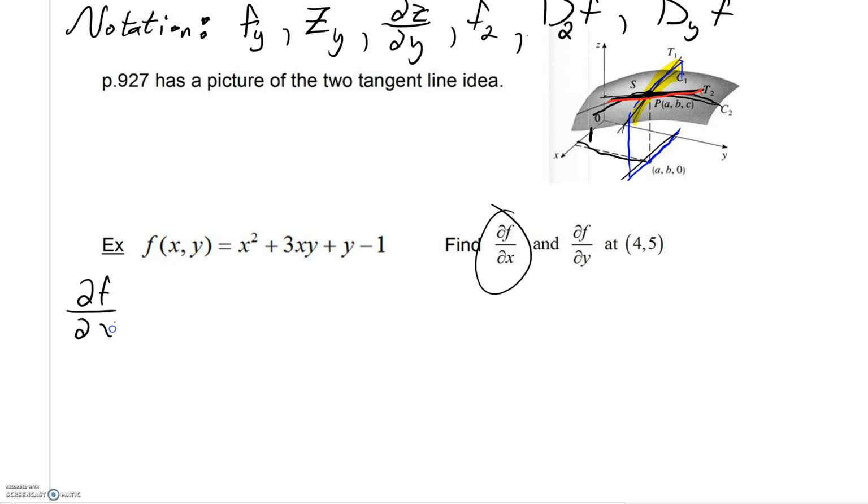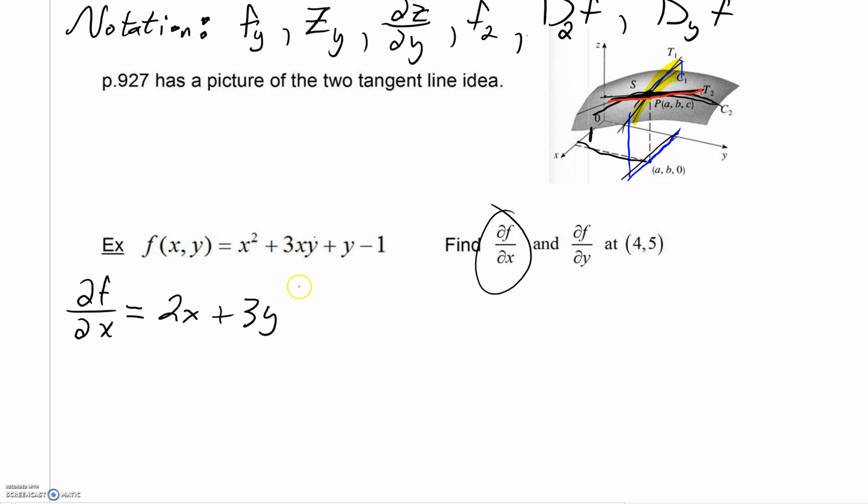Almost like making a backward 6 right here. Partial f over partial x. What would that derivative look like? Help me out. What do you think? 2x, then what? Plus 3y, because y is thought to be just some constant, right? It's not going to go away, but the derivative of x just disappears to be a 1. Anything else? No, that's it.